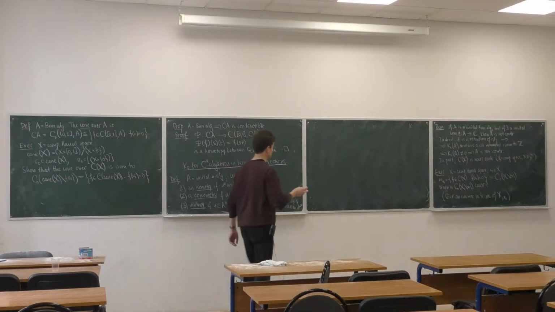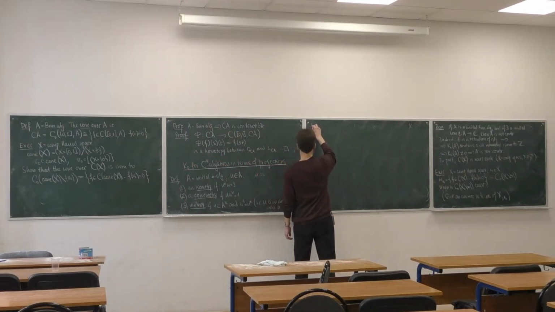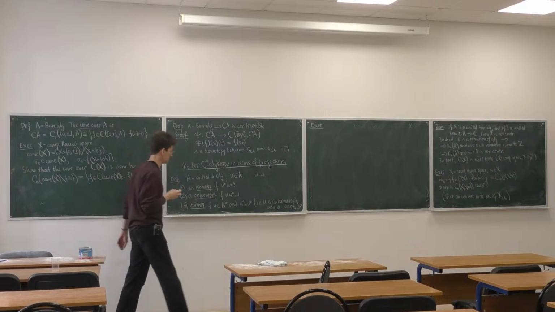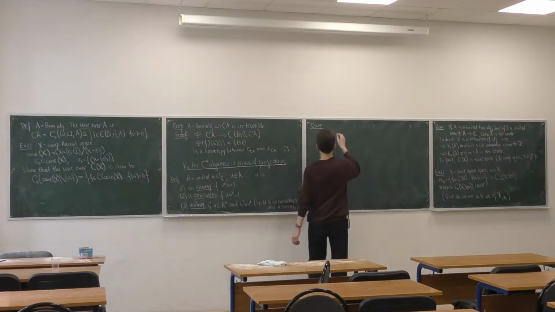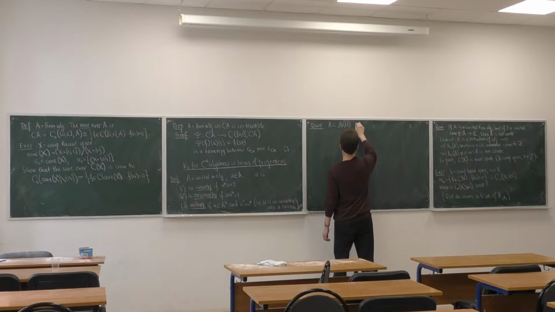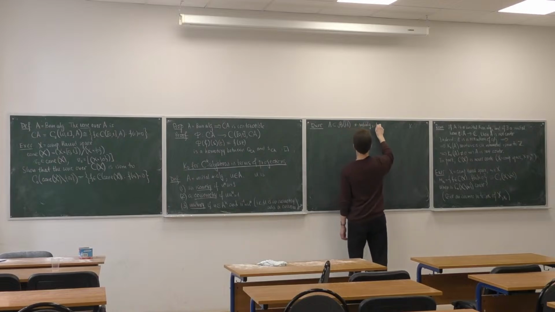The following exercise explains where the terminology comes from. It explains why such elements are called isometries, co-isometries, and unitaries. Suppose that A is a unital star subalgebra in the algebra of bounded operators on a Hilbert space, which contains the identity operator.